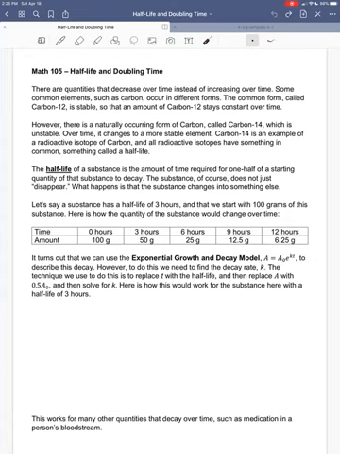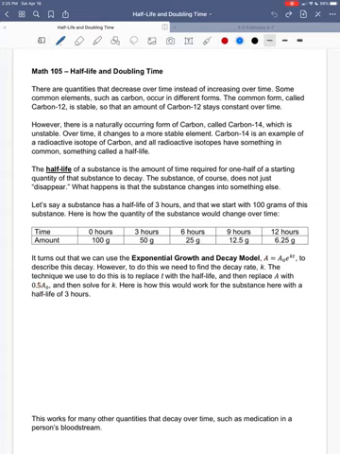I don't know what I was starting with for A sub 0, but after a half-life, I'm only going to have half of it. A half of the original amount would be 0.5 times A sub 0. So I'm going to replace this A with 0.5 A sub 0 and then solve for k.